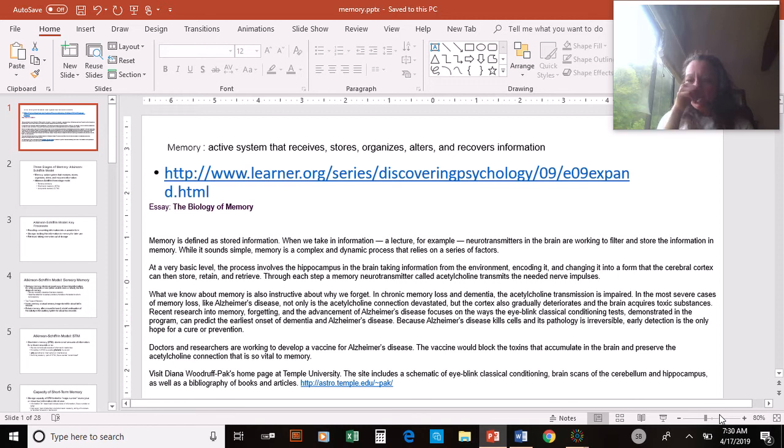It's also important to know about memory because we can forget, and that is becoming more of a problem in our culture because we see memory loss and dementia on the rise. However, it is a myth that everybody who gets old gets Alzheimer's. Getting old does not mean that you lose your memory.